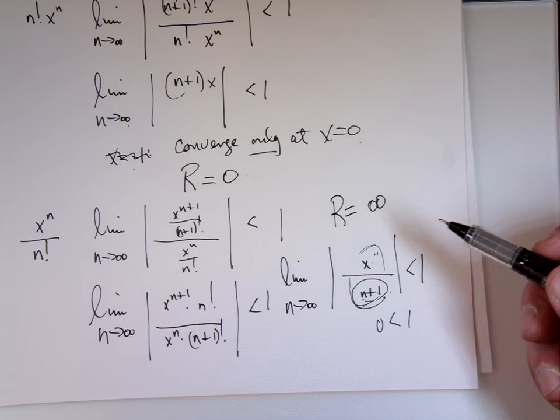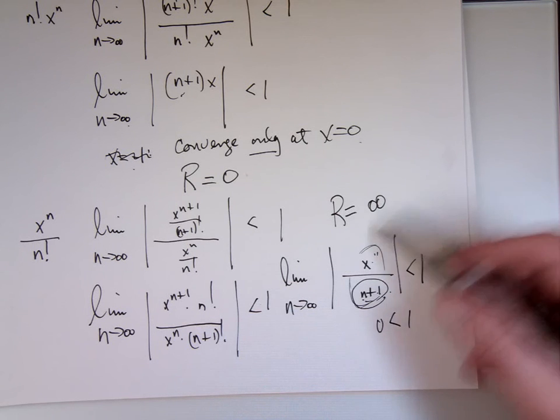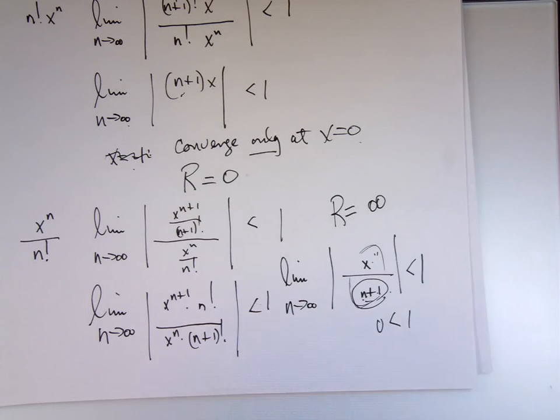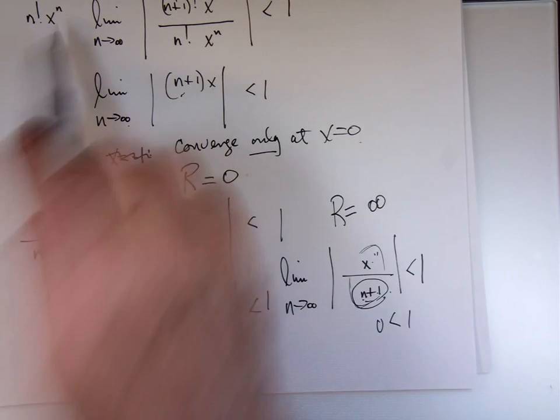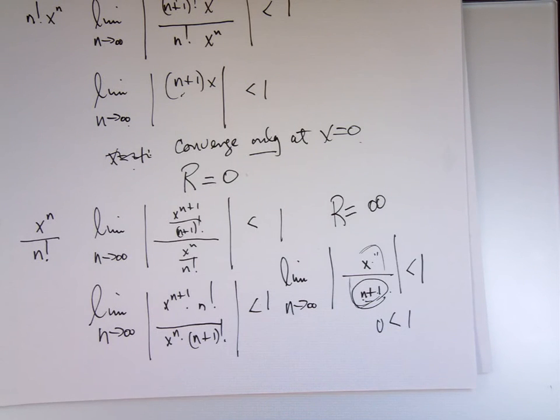Is there ever a case if you don't have anything, like division, say the first example that you showed us, n factorial x to the n, would it always be then that it only converges at 0 and nothing else? No. If you don't have a, well, I could write it this way.